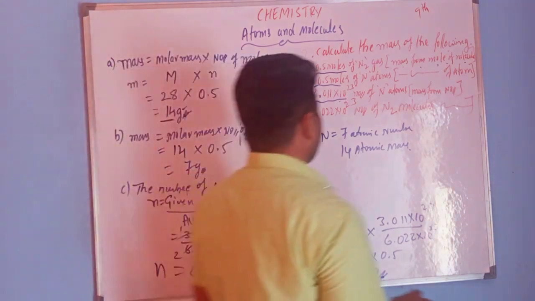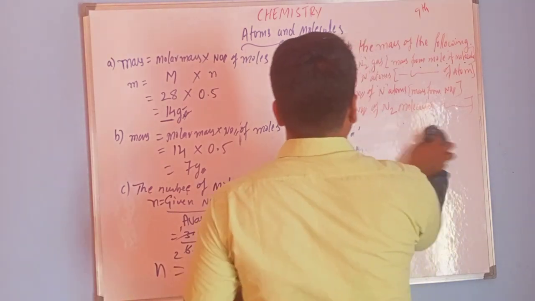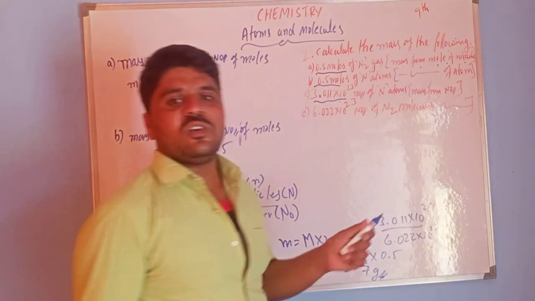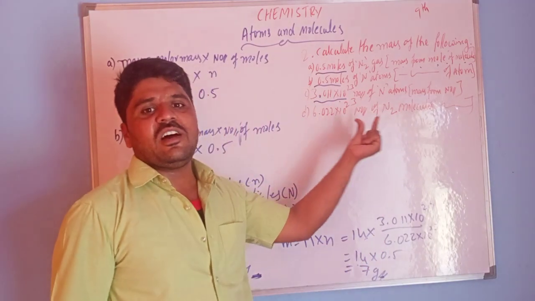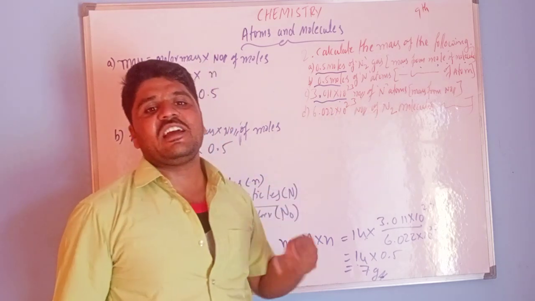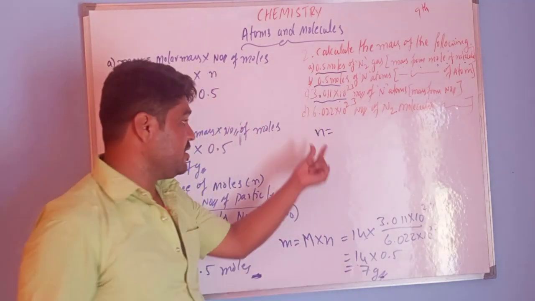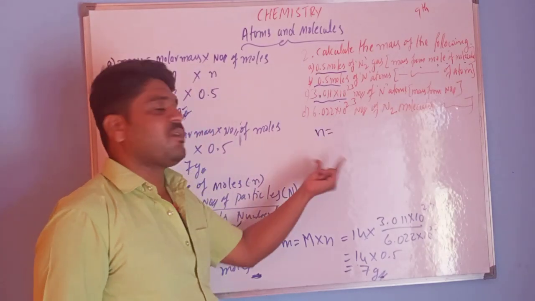Next, D. Here also the number of molecules or number of particles is given. Sorry, n means number of moles. From this you have to find out the number of moles.